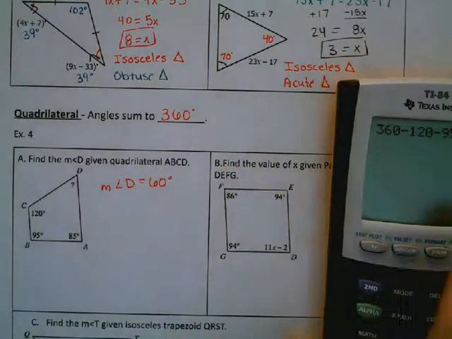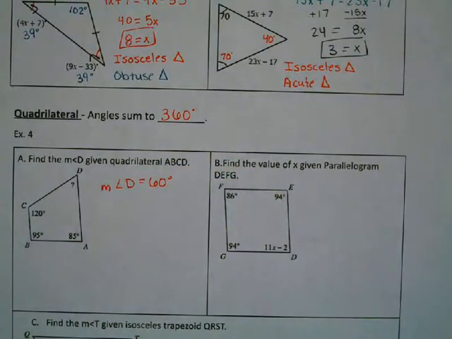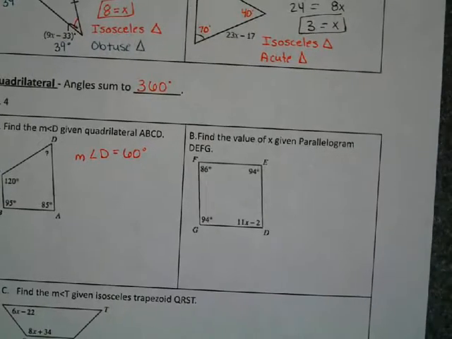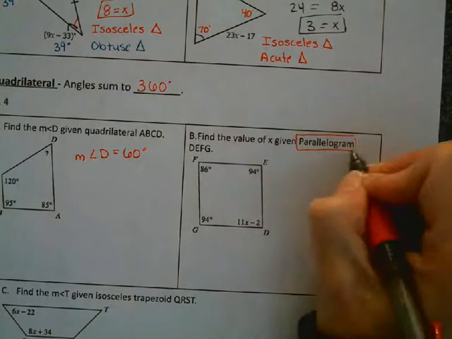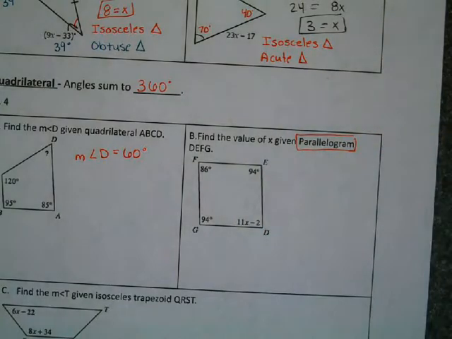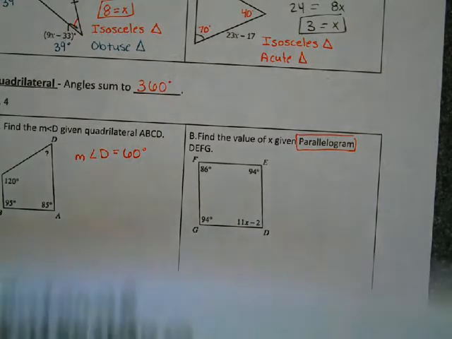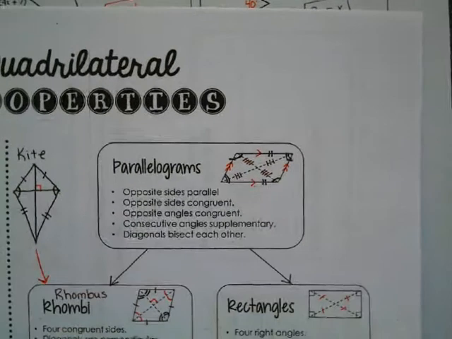Alright, the next one is called a parallelogram. Find the value of x. So one of the key factors, you will probably want this little sheet out from last time if you have it from your notes. If you haven't printed it out, you definitely want to screenshot it so you have this. But these would be the characteristics or properties of a parallelogram.